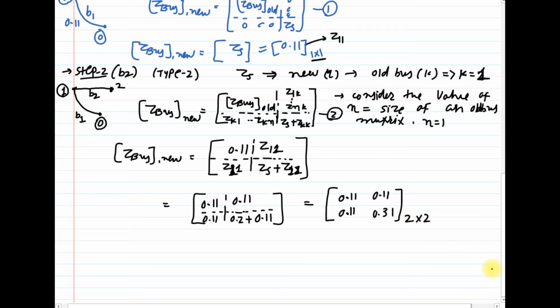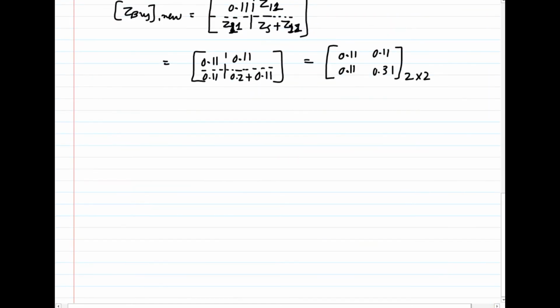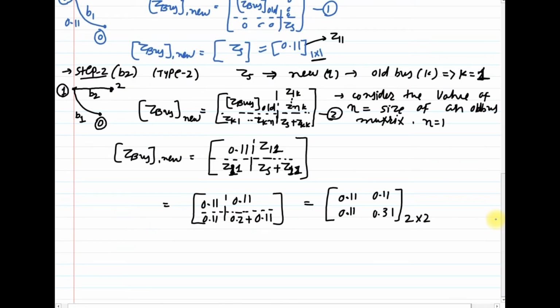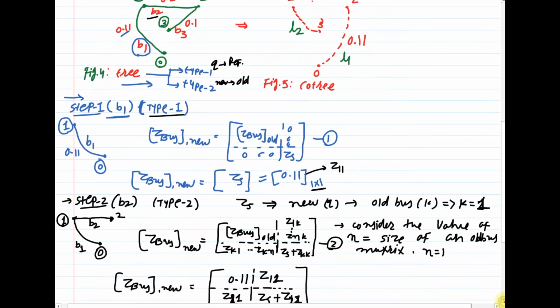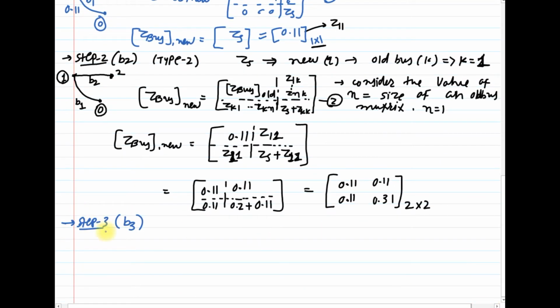Clear? Now, same way we have to calculate for the third modification, which is step number 3, for the third element, which is B3. B3 is connected between bus number 2 and 3. So I will draw the network.